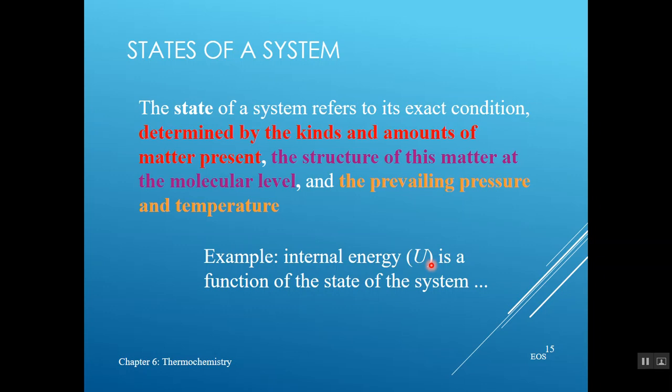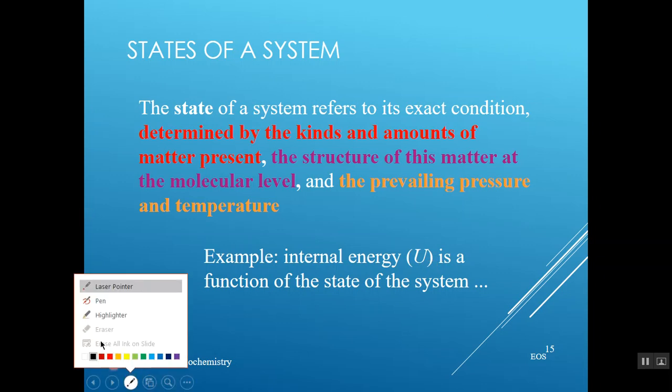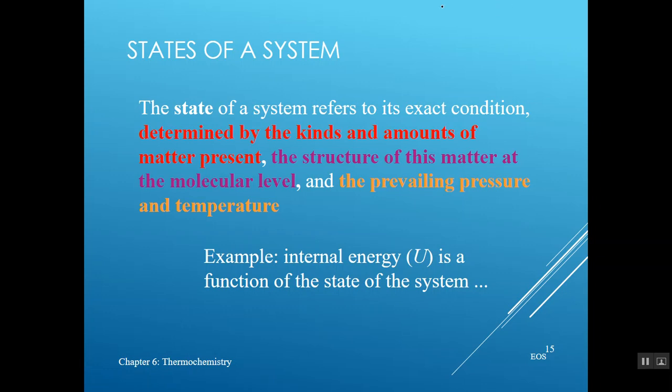You can have different states even within the same phase. So, for example, let me use copper metal. Let me go back to the pen mode here and scribble something up here. If you have copper at 50 degrees Celsius, and you heat it to copper at 100 degrees Celsius, the copper here would still be a solid, and the copper here would be a solid as well.